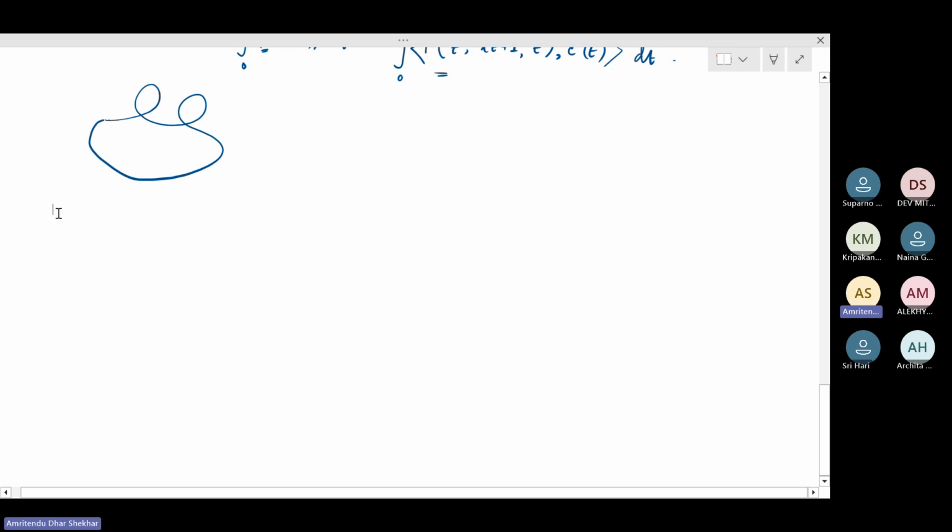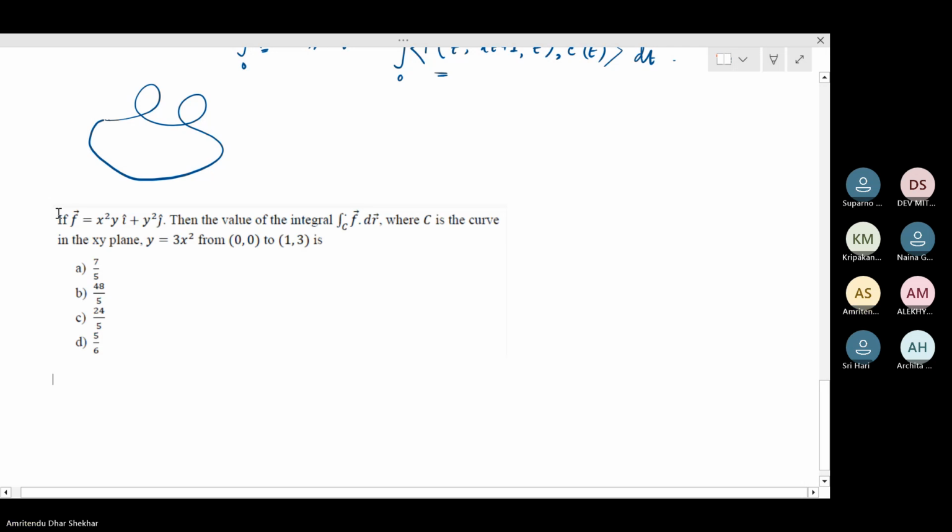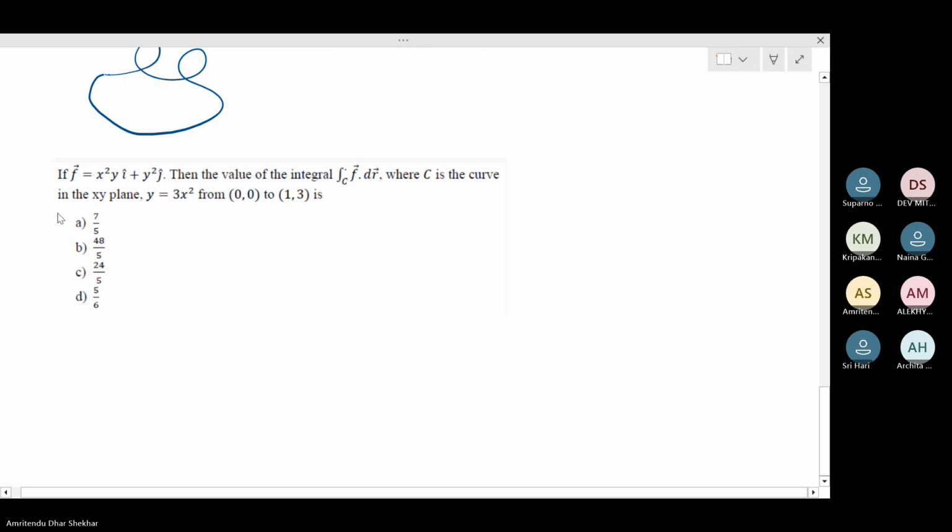Okay. Let's look at this problem. So again, you have a curve which is, yeah. If you have a question, yes. What is your question?